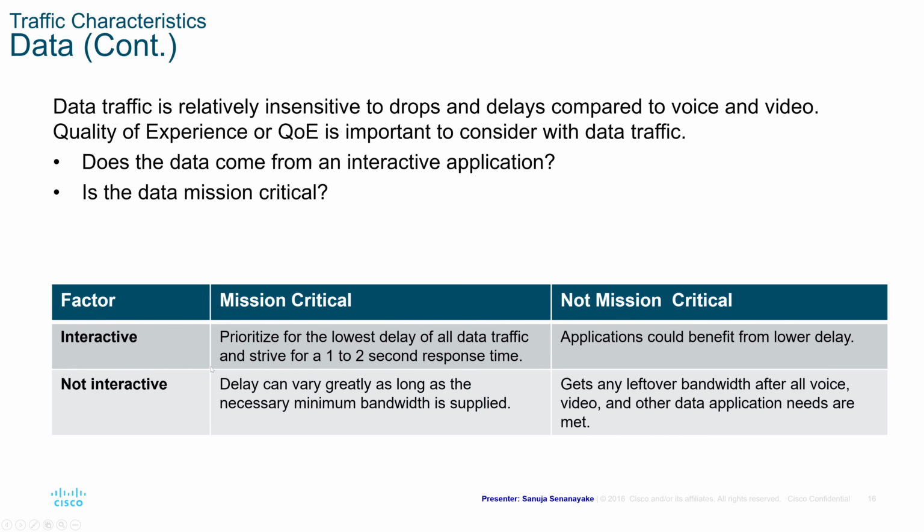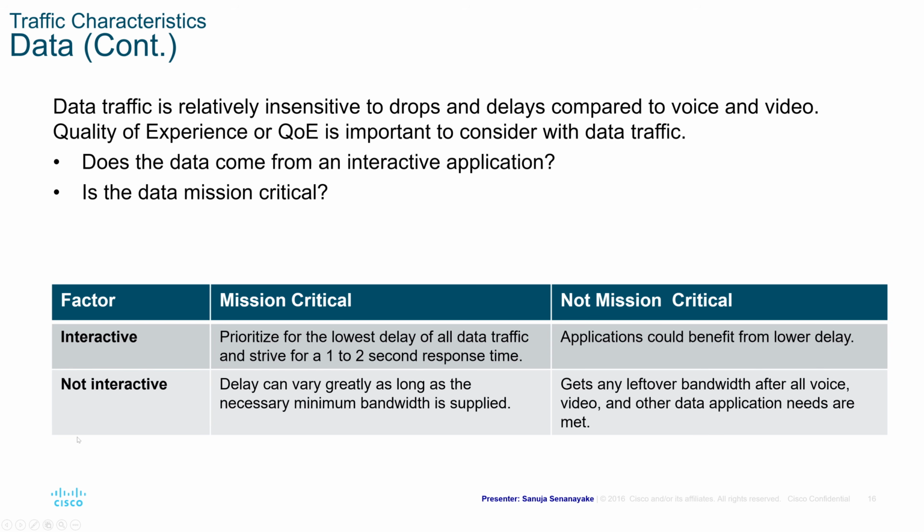If it is not interactive but mission critical, the delay can vary greatly as long as the necessary medium bandwidth is supplied. If it is not interactive and also not mission critical, it gets any leftover bandwidth after all voice, video, and other application needs are met. So this is going to be the lowest priority.